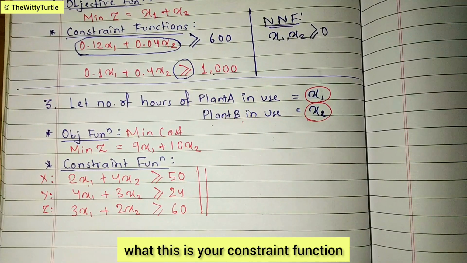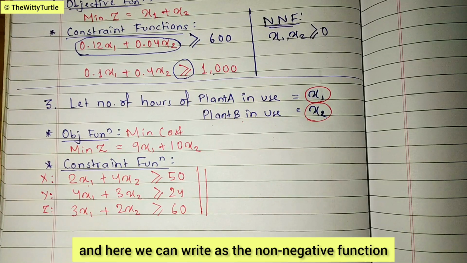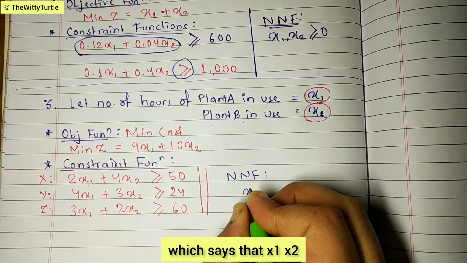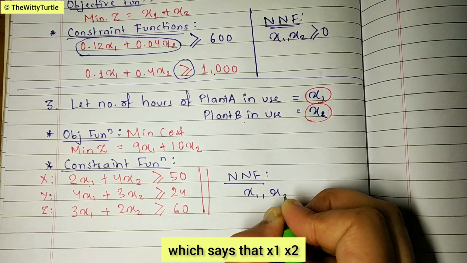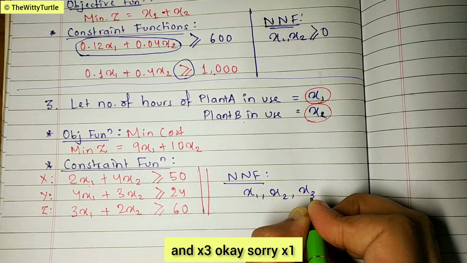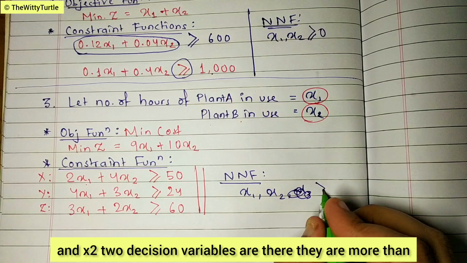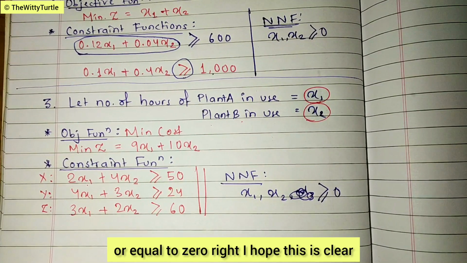So this is your constraint function. And here we can write the non-negativity condition, which says that x1 and x2, sorry, two decision variables are there, they are more than or equal to 0, right? I hope this is clear.